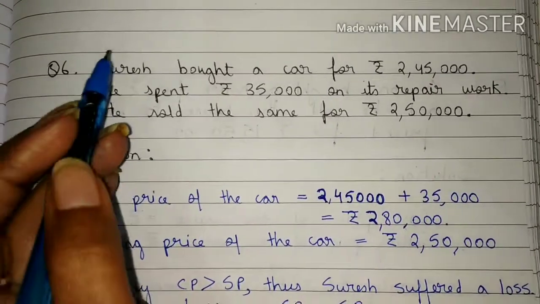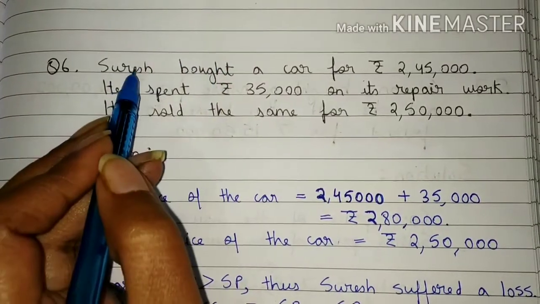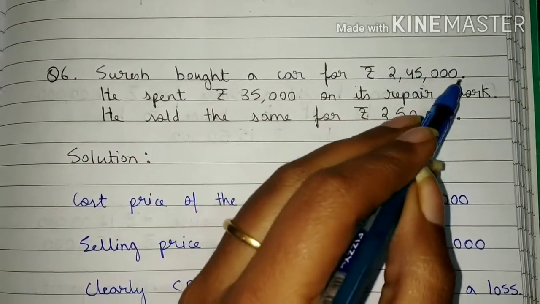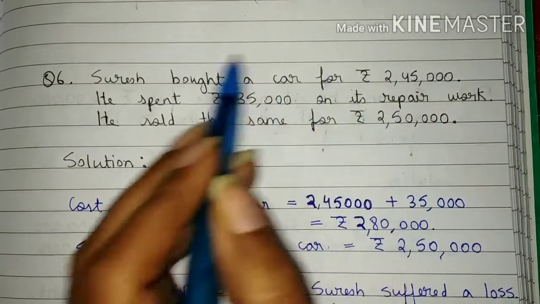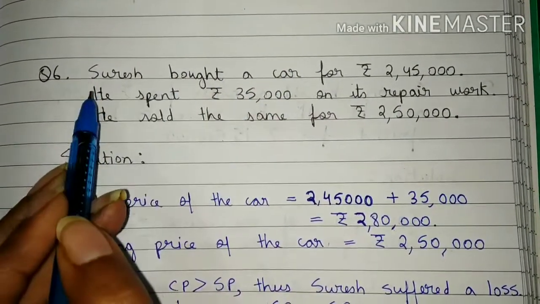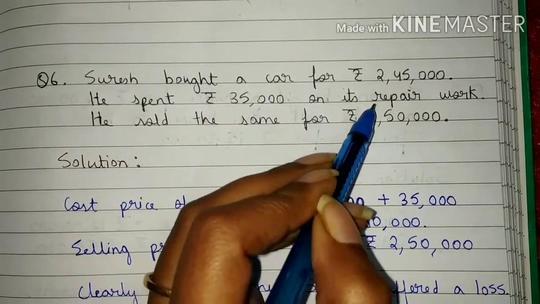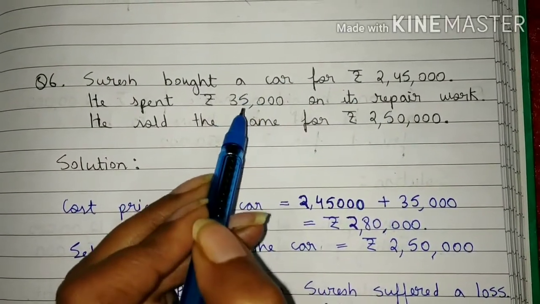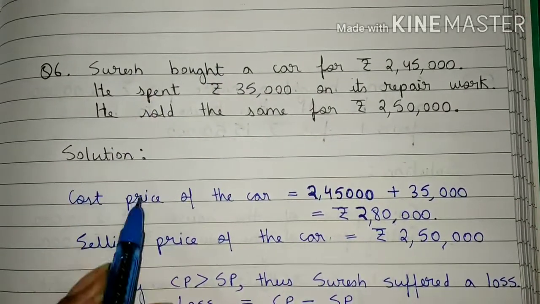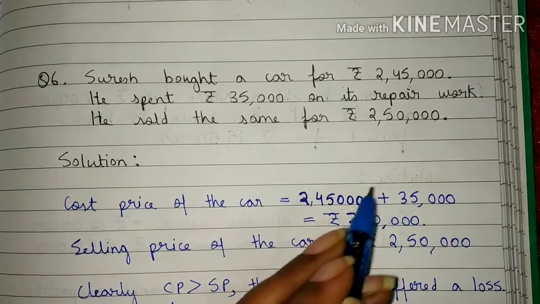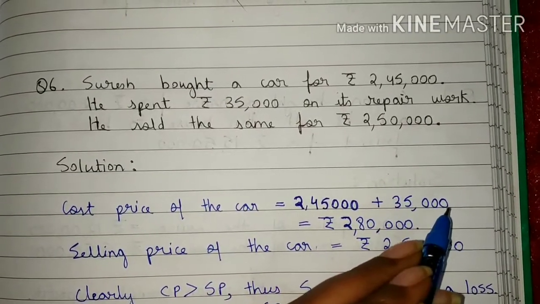Students, in this statement, Suresh purchased a car for rupees 2,45,000 and after buying the car, he spent rupees 35,000 for repairing the car. So for Suresh, the cost price of the car is 2,45,000 plus 35,000.